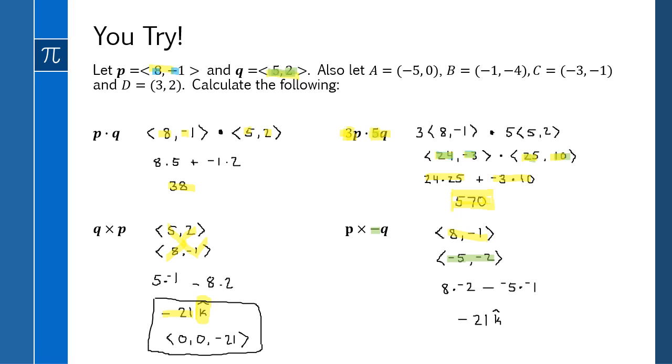And then when you calculate the cross product, 8 times -2 minus -5 times -1, that's a lot of negatives in there, but it comes down to -21 units along the z-axis, so -21 times the unit vector k, or no x coordinate, no y coordinate, everything is on the z-axis, 21 units straight down through the computer screen and out behind you.